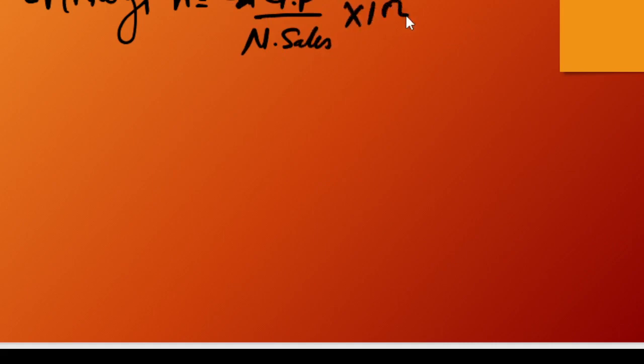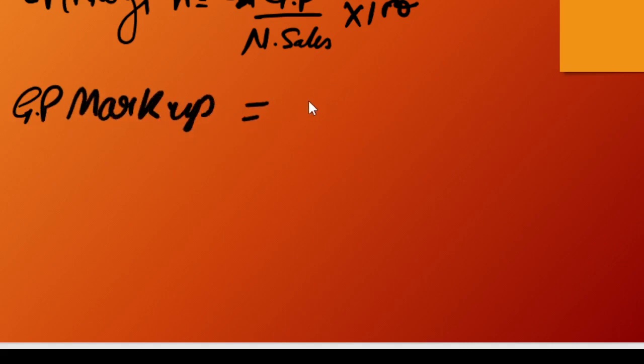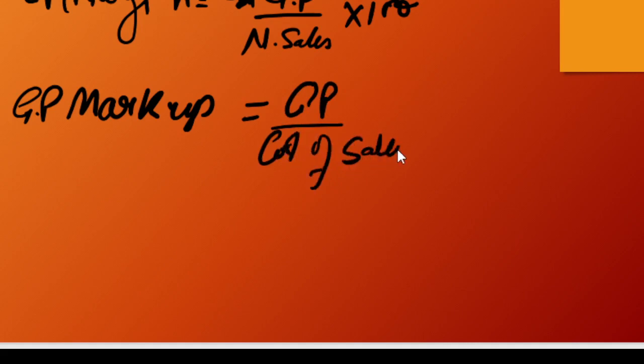Next is your ratios. So GP margin is net GP upon net sales into 100, and GP markup is GP upon cost of sales into 100.